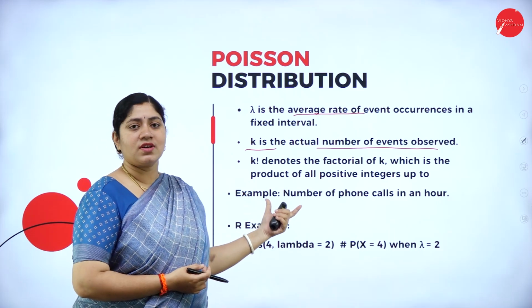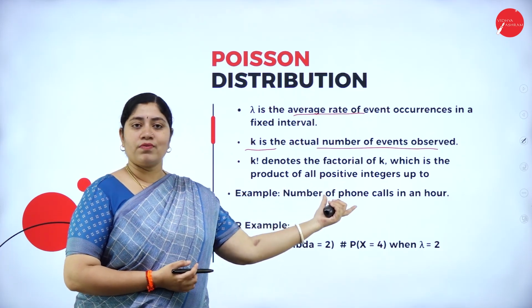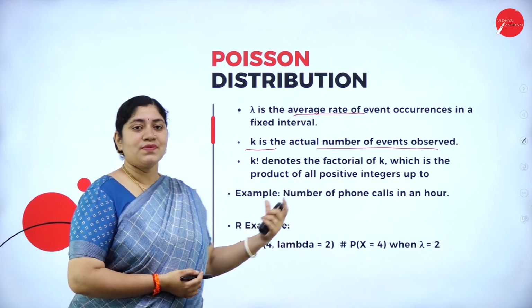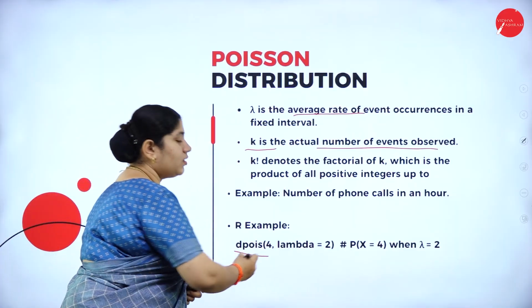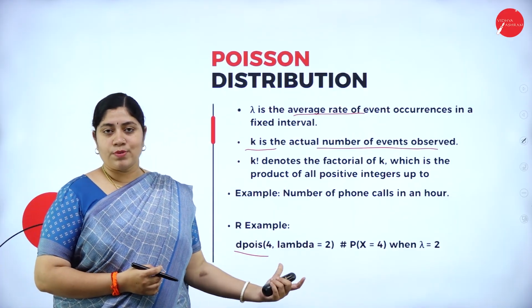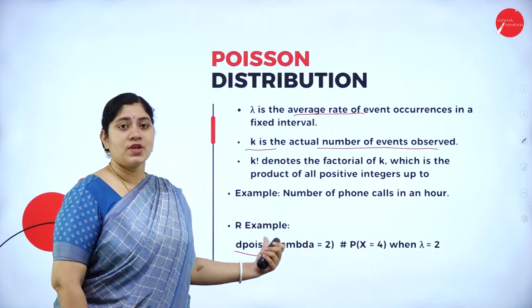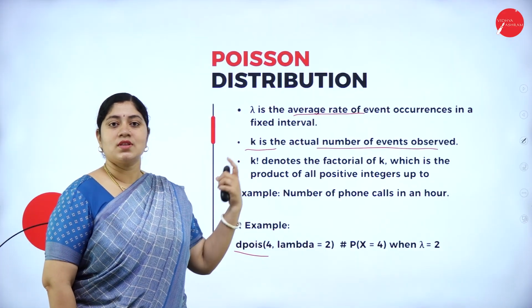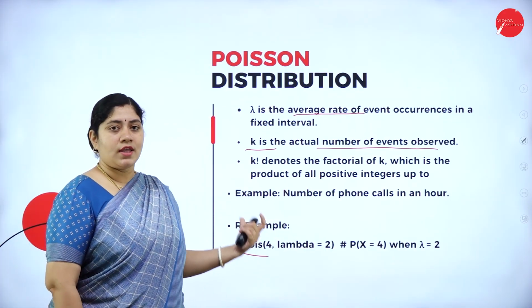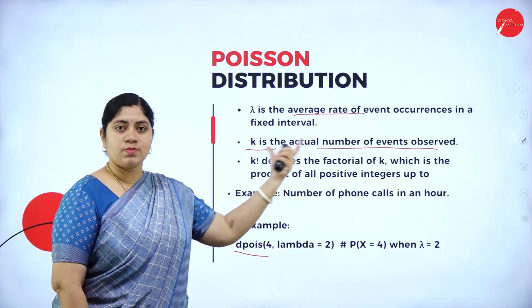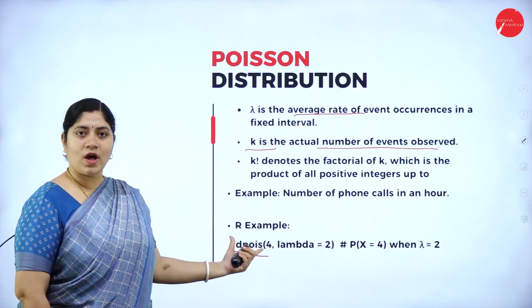Then we have considered an example like the number of phone calls in an hour. For that we use a keyword for our programming, that is dpois. The d represents the discrete distribution, and as we are dealing with Poisson distribution, we write pois.